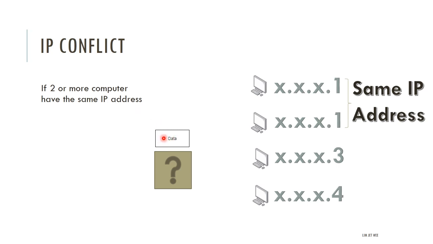If I asked you to send a piece of data to x.x.x.1, do you send it to this machine or to this machine? You will not know what to do, because now the address is no longer unique.